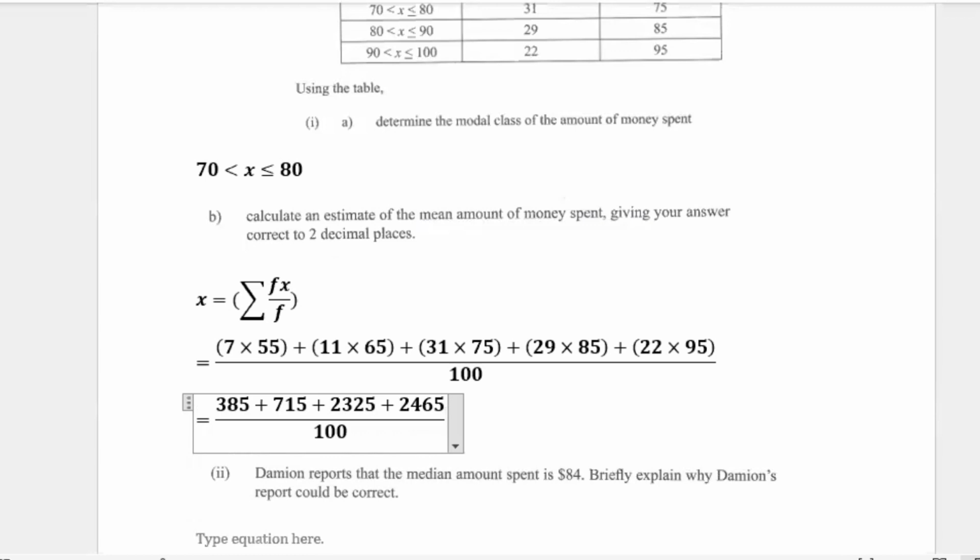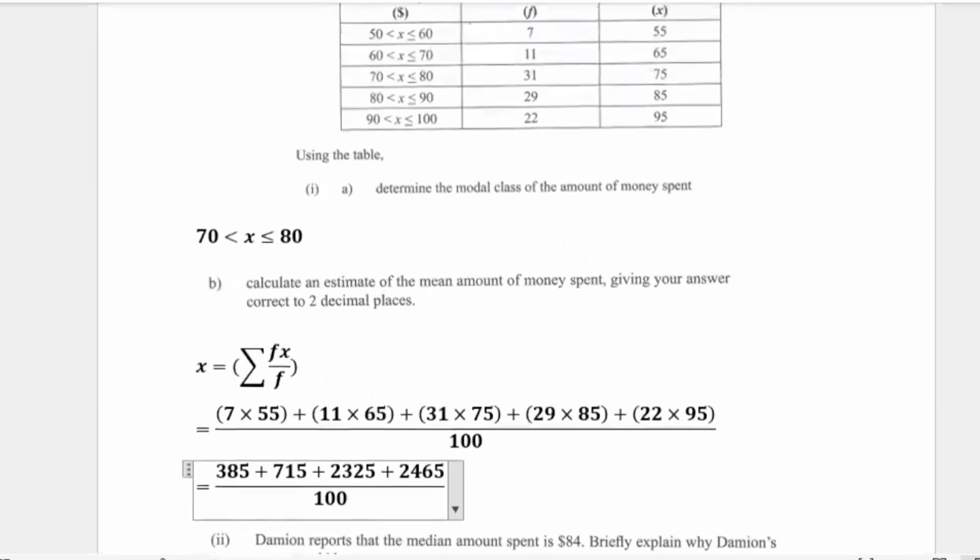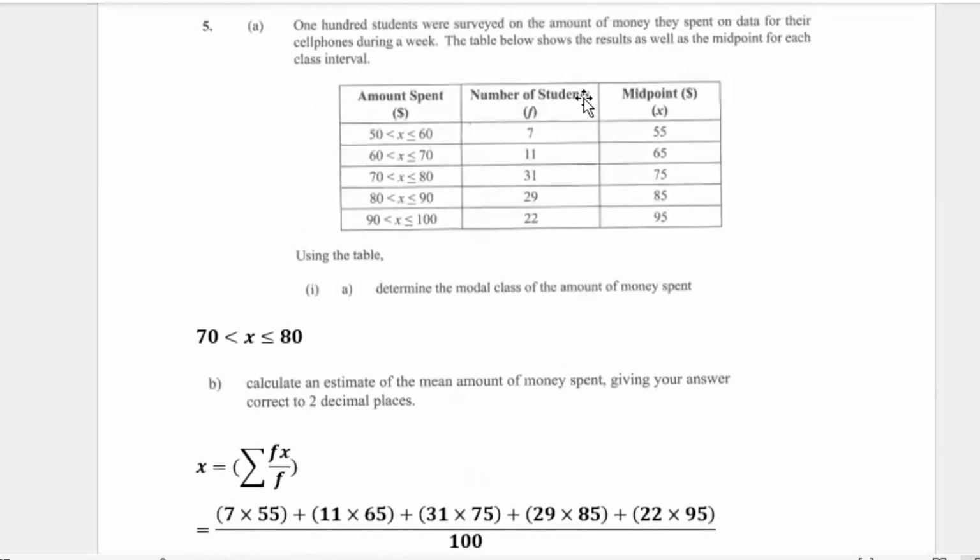So that is our formula for mean. When it comes to this kind of data, the sum of f of x over the sum of f. So sorry, what the f mean? Frequency. So you see it here in our table, number of students, which is also the frequency.